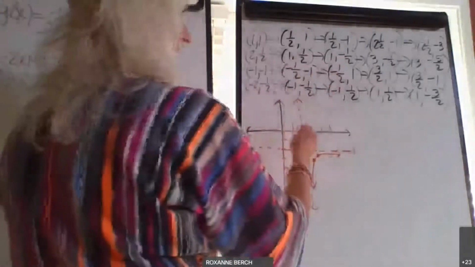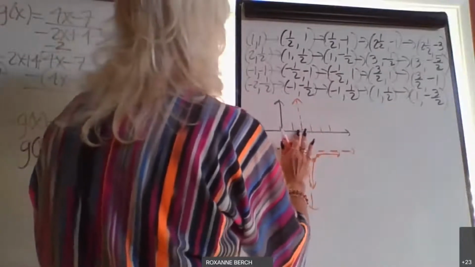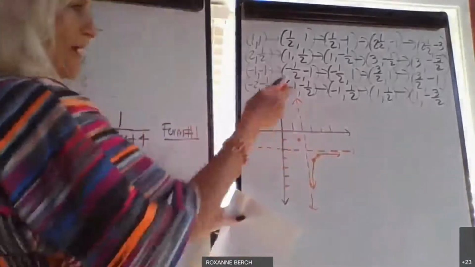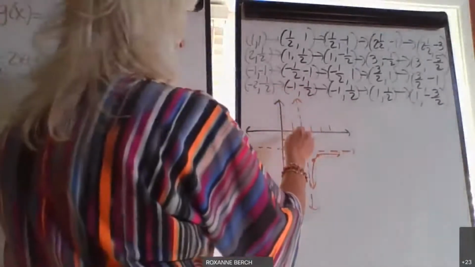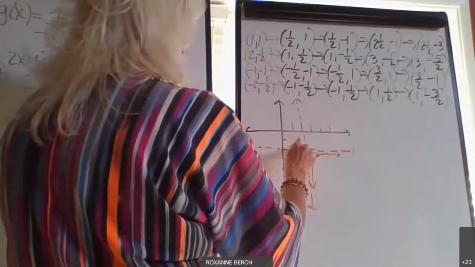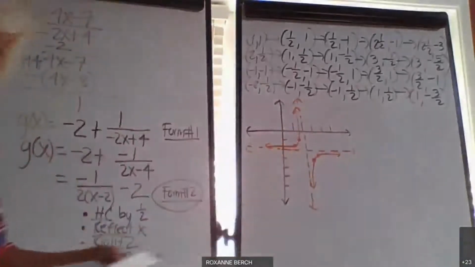This would be right 1.5, down 1. And that would be right 1, down 1.5. So this is going like that, that's going up like that, and there's your answer.